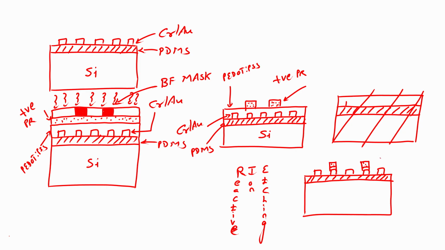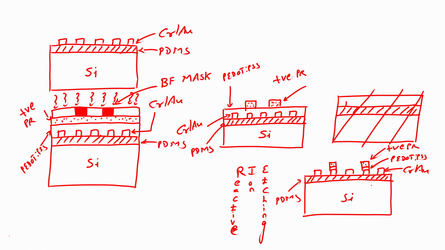So, what do I have? I have here positive photoresist, then I have here PEDOT:PSS, I have chrome gold, then I have PDMS, and that is silicon.